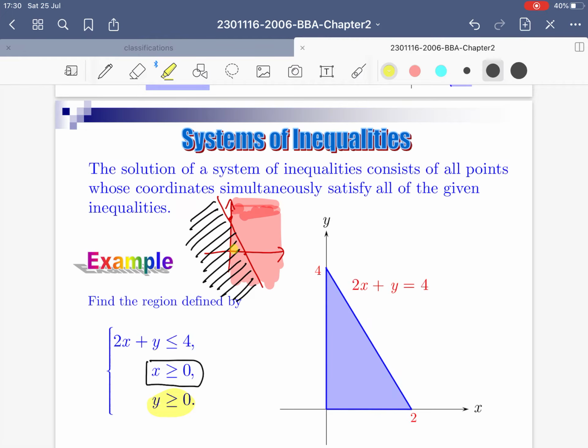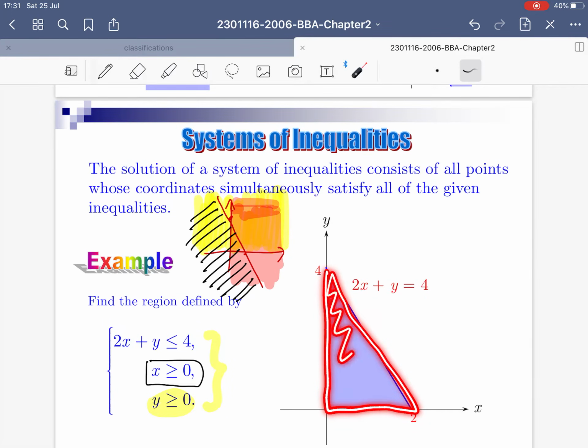So it means that you are looking at the region that is above the x-axis, right? So you just look at the common region among these three inequalities. And you can see that now the common region is only this small triangle inside here.